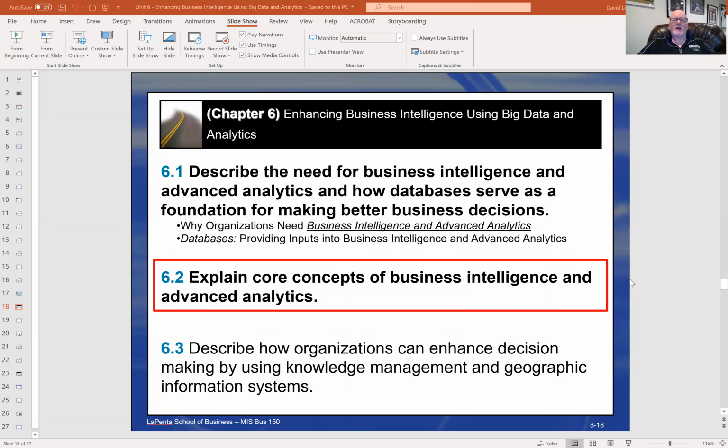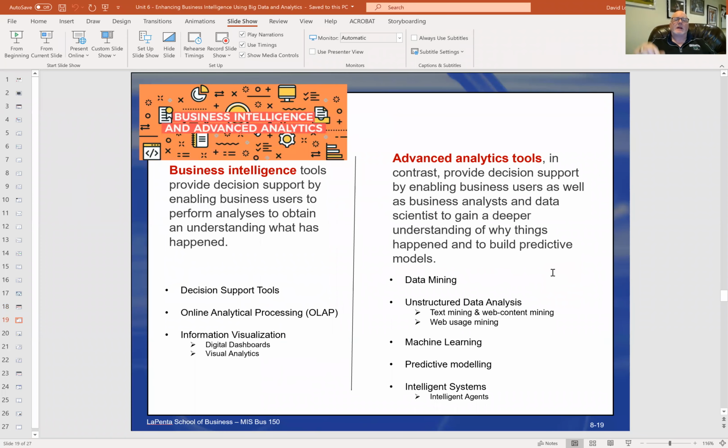So as I said, we're going to talk about the core concepts of business intelligence and advanced analytics, and more specifically as to what kind of tools. Okay, so first, again, we did this in the first presentation. Business intelligence tools provide decision support, looking really historically at data, mining that data. There are three different categories of tools.